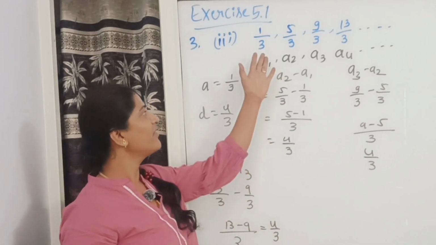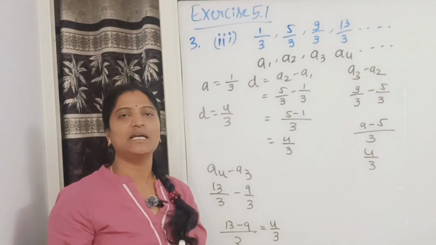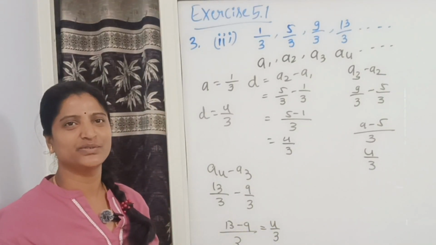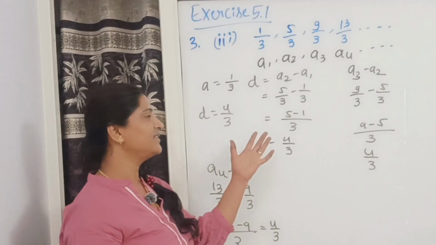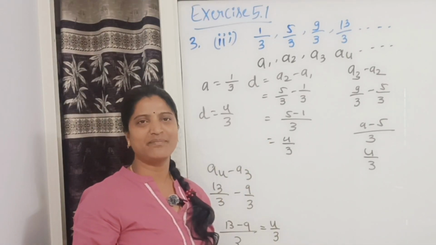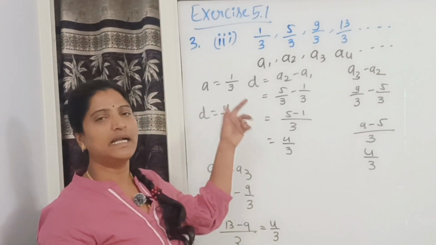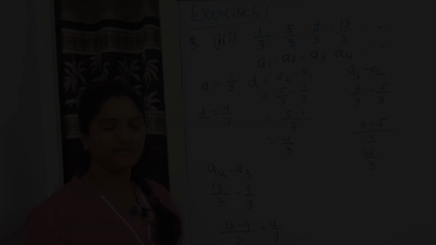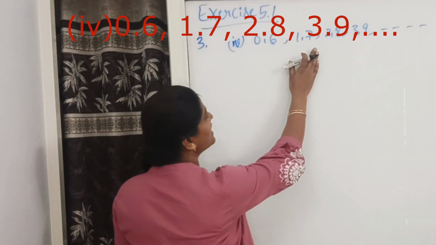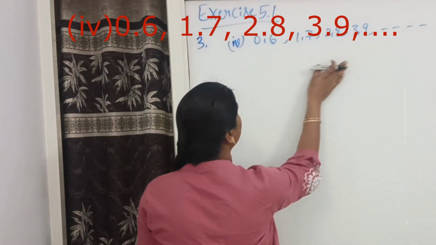You can feel how easy it is. I said, if the denominator is equal, you can easily go through. If it is different, of course we need to take the LCM or cross multiplication. Is it not? Let us move to the last sum under the third question: 0.6, 1.7, 2.8 and 3.9.